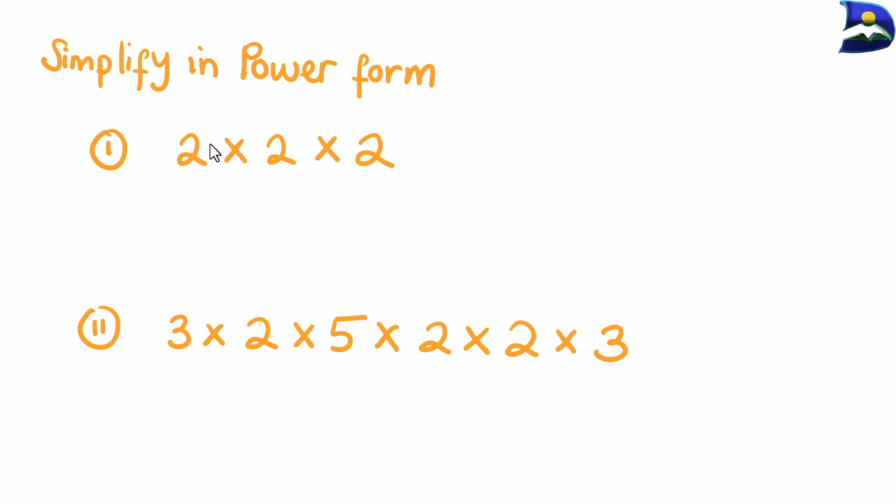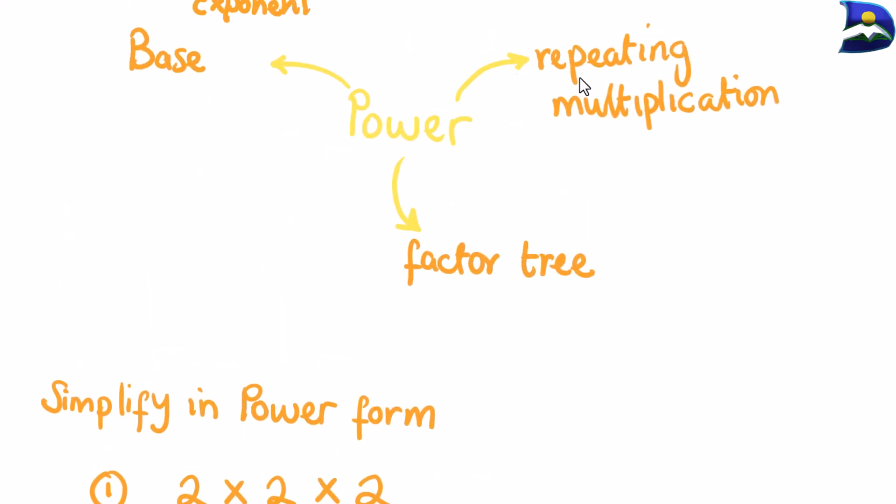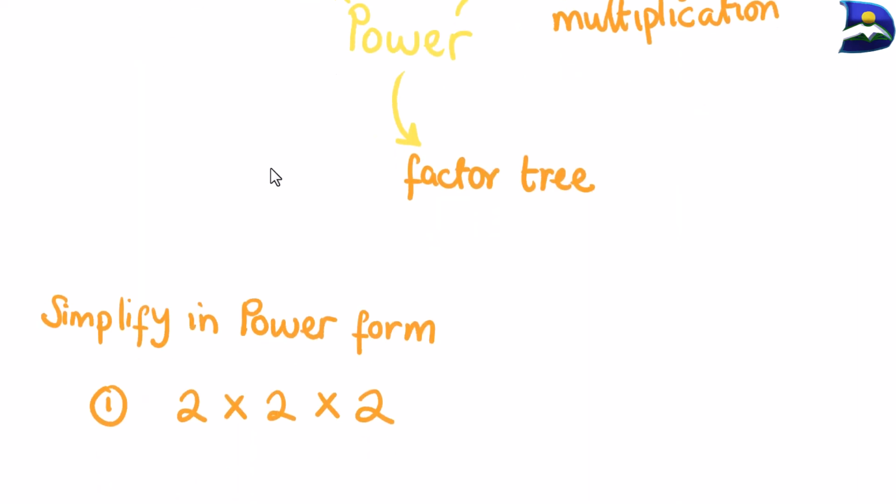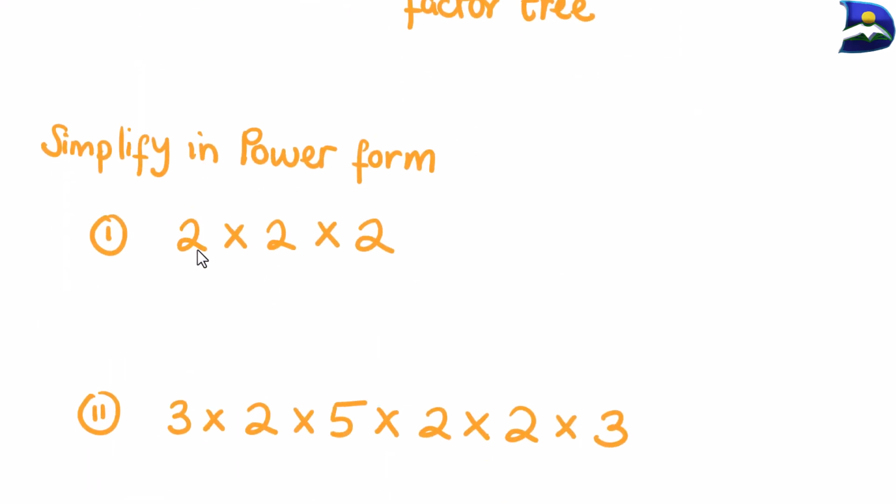So when you think about powers, remember that this looks at repeating multiplications, and the question here is, what is repeating? What is repeating is 2 and they are multiplying together 3 times. So I'm going to put 2 as my base. And then how many 2's are multiplied together?